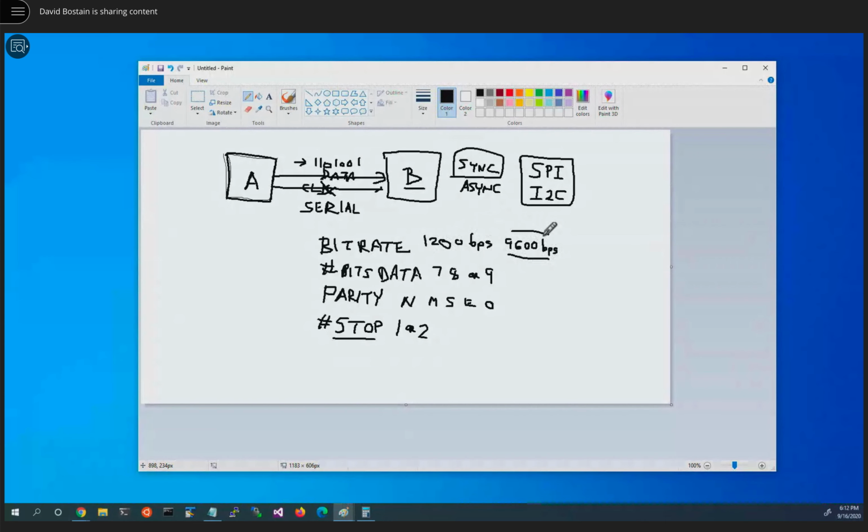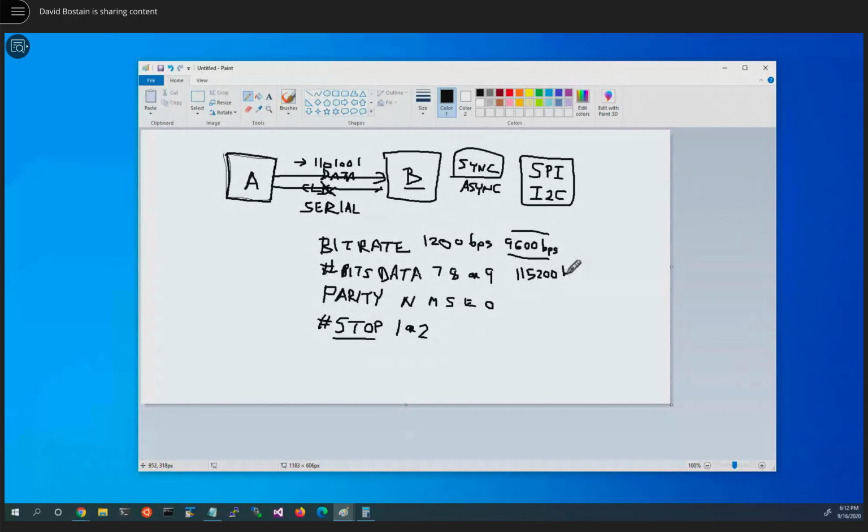As we get into the AT Mega 328P chip, we'll use that with our computer at that baud rate, or bits per second. The speeds actually increase, and probably the maximum speed for serial communications you would run into for simple asynchronous serial communications is going to be 115,200 bits per second.